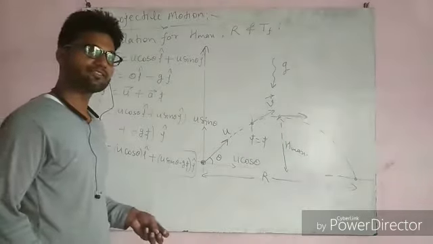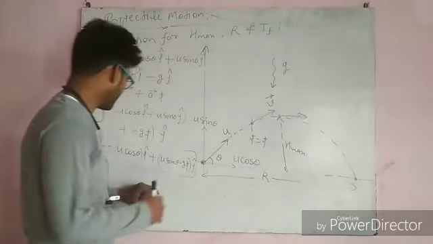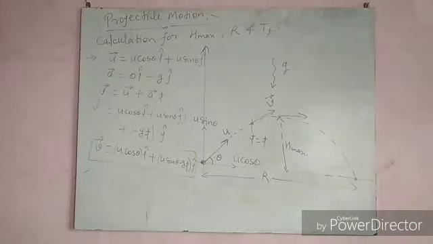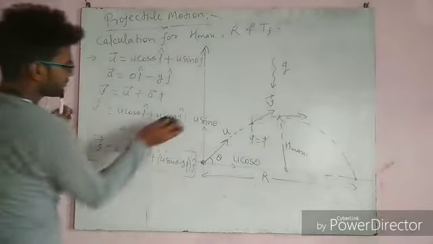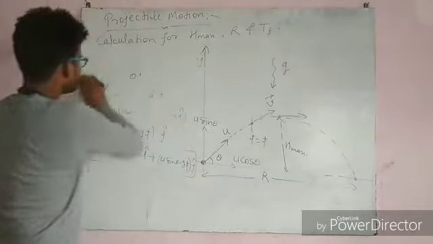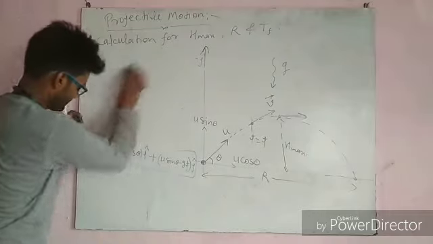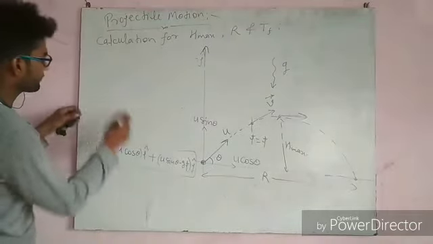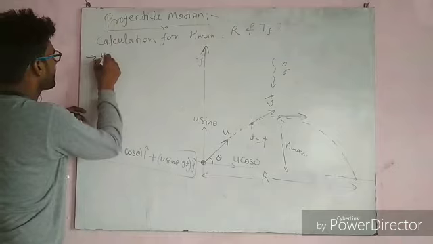So the condition we can take to calculate the h max is that at the maximum point, the vertical component of velocity is 0. So we can apply this condition over here, right?